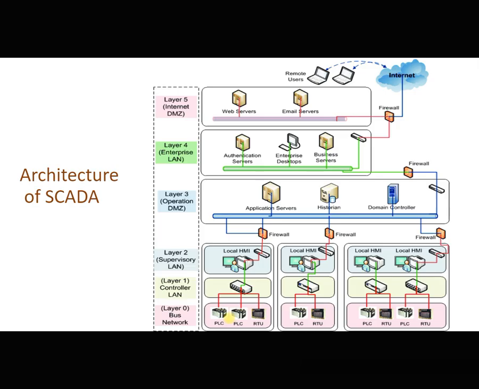Your controller is connected to the HMI or to the SCADA stations like this. So you can see here, all the field devices are connected to PLCs or RTUs, or combinedly you can call them a controller. So all these are connected towards the device stations.